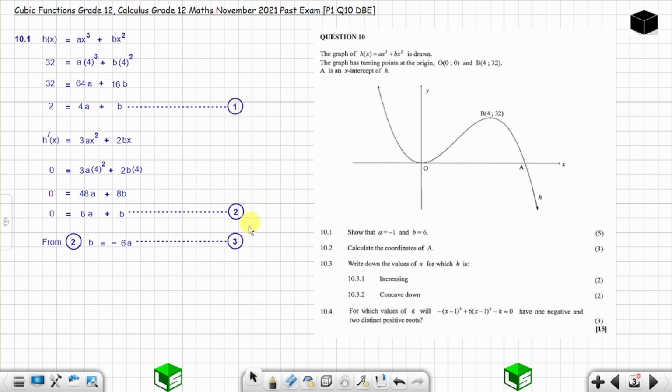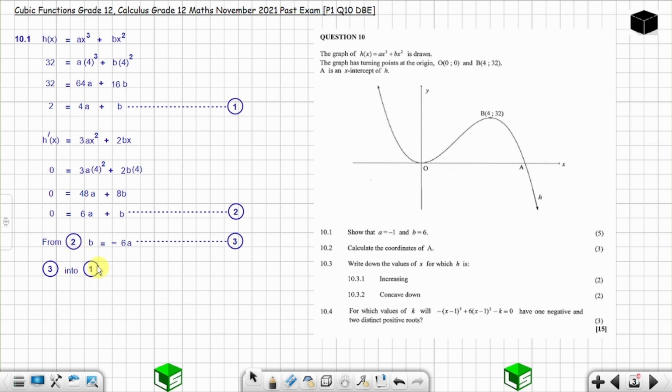Do not plug it inside equation number 2, because equation number 3 is obtained from equation number 2. You cannot take it and plug inside 2. It's not going to help you. You have to plug it into another equation, which is equation number 1. Not 2, but number 1.